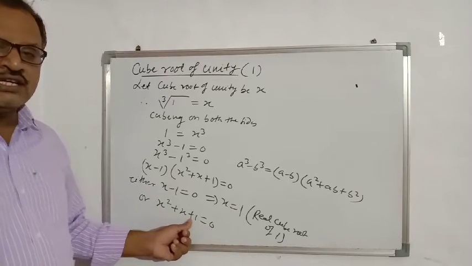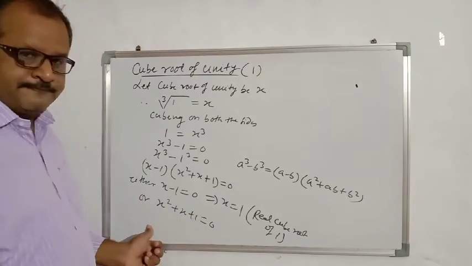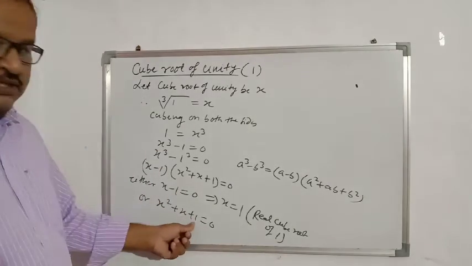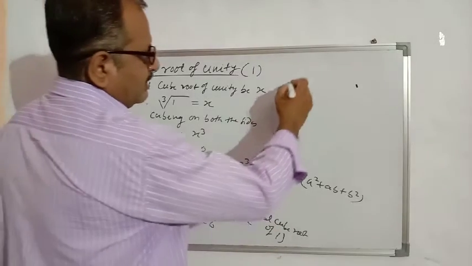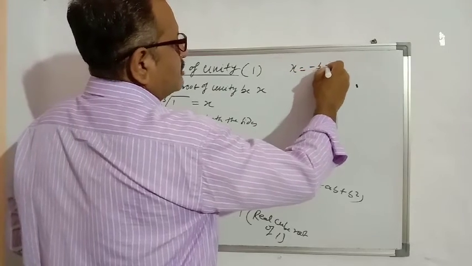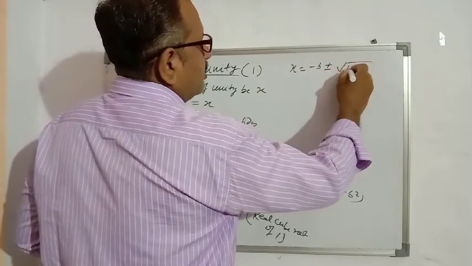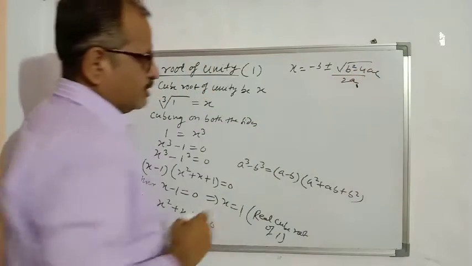It is a quadratic equation in x, so we will get 2 values from this equation. How can we solve it? Using Sridharacharya formula. What is Sridharacharya formula? X is equal to minus b plus minus under root b square minus 4ac upon 2a.